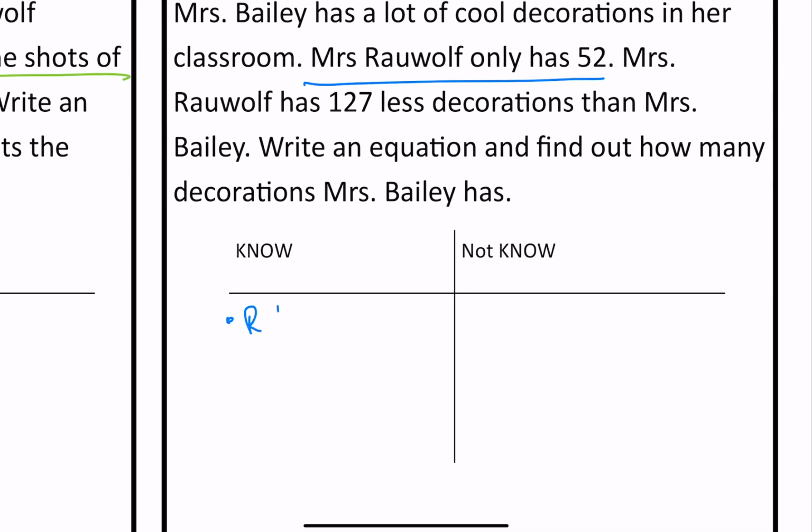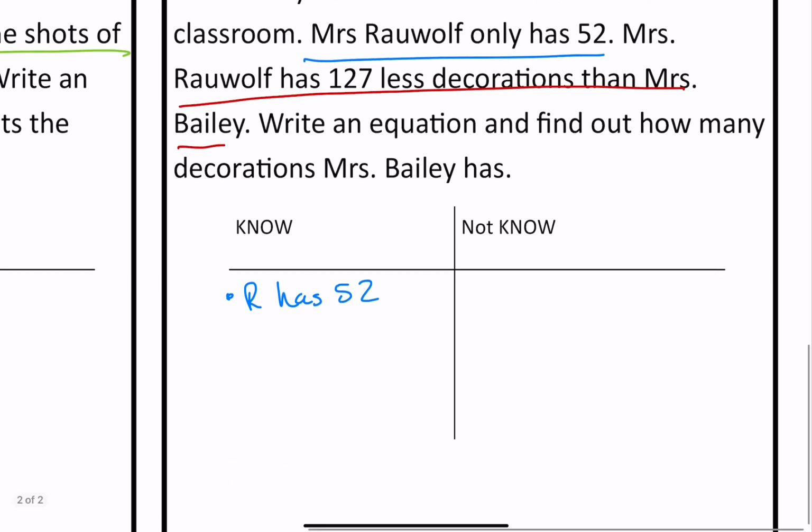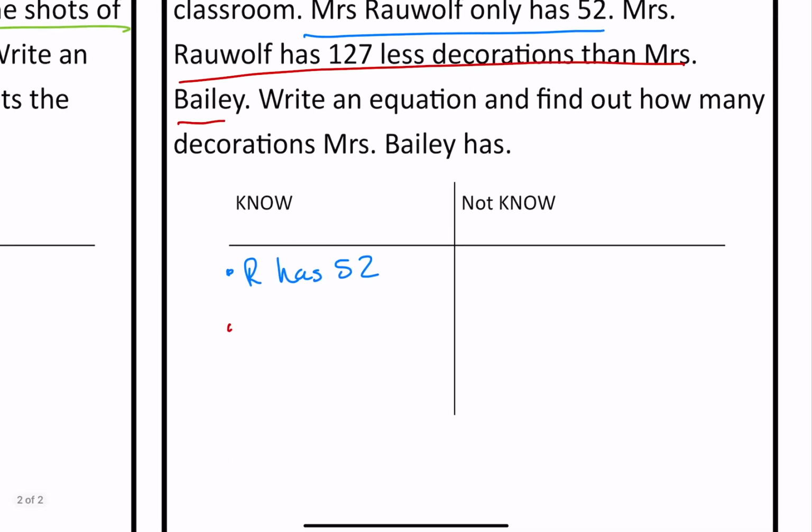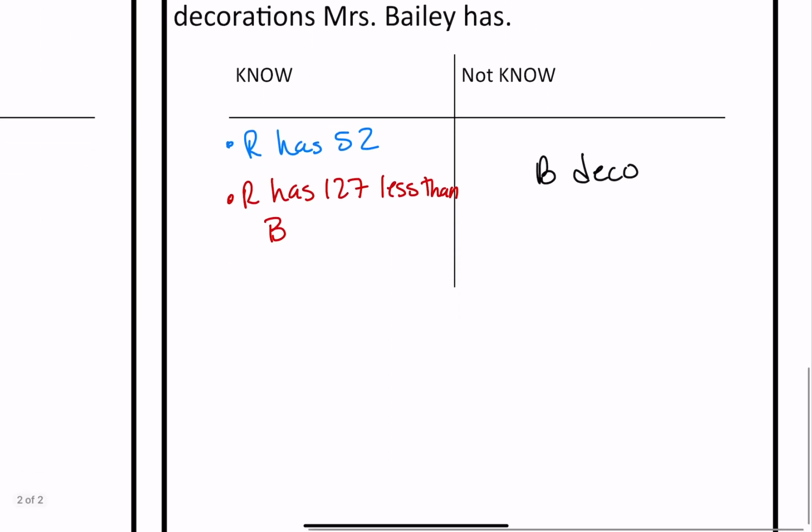So I'm going to put Rawolf has 52. But we also know that Rawolf has 127 less than B for Bailey. And we're trying to figure out Bailey's decorations. So we're going to say B deco.